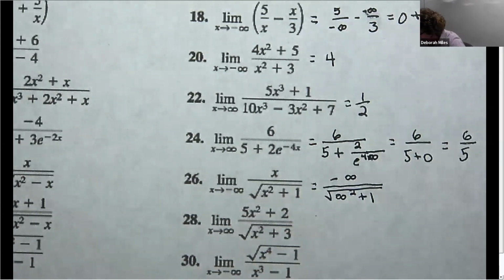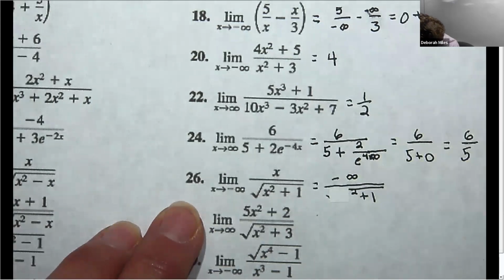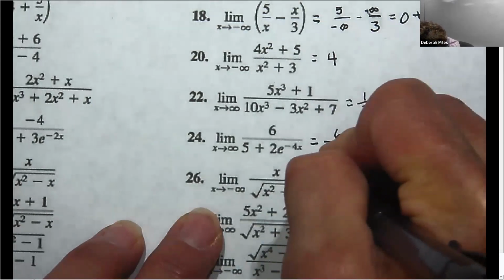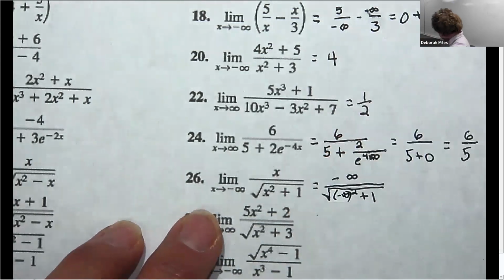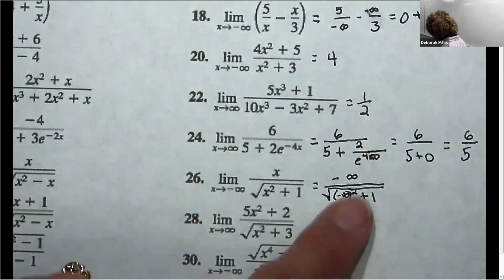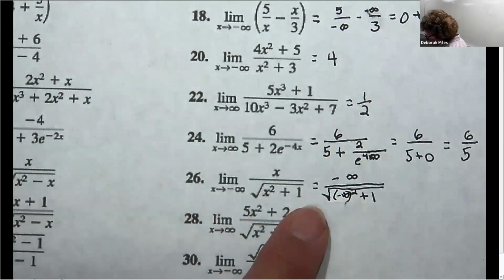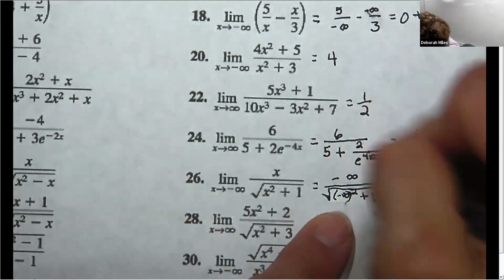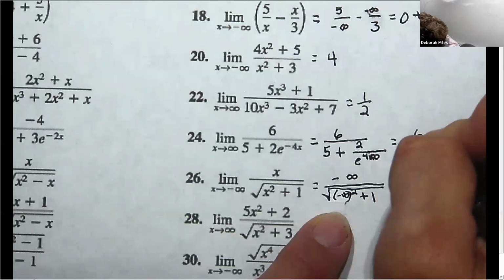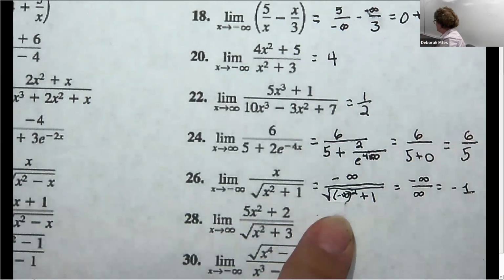Yes, but the good thing about negative infinity is when you square it, you get a positive anyway. So what will that denominator be? Just infinity. You square negative infinity, you get positive infinity. Adding 1's not really going to make a difference. Take the square root of that, and you're going to have negative infinity over positive infinity, which is negative 1.